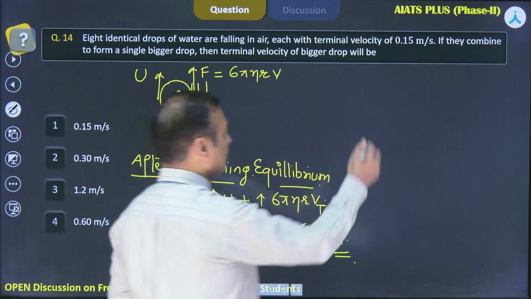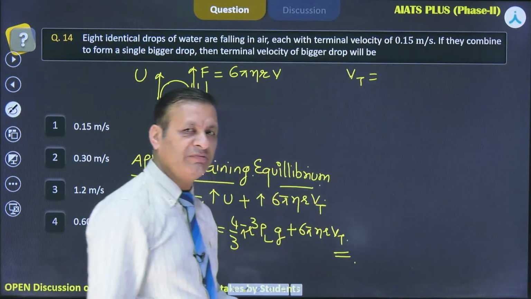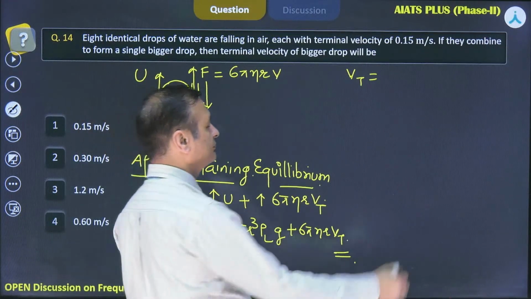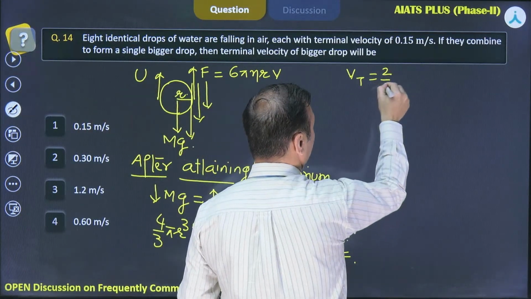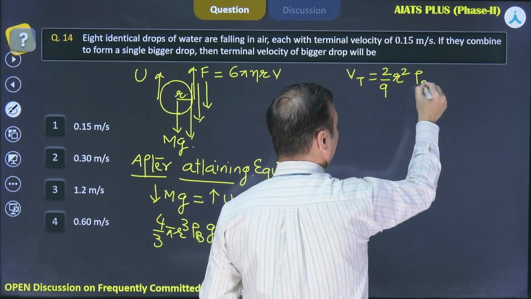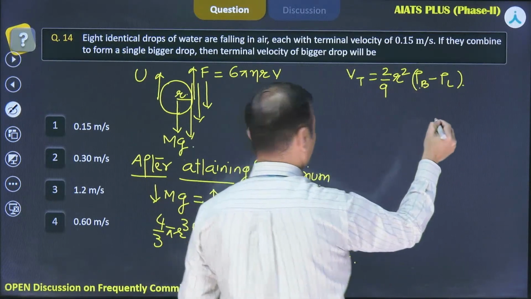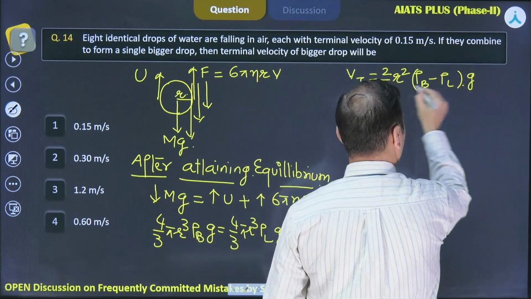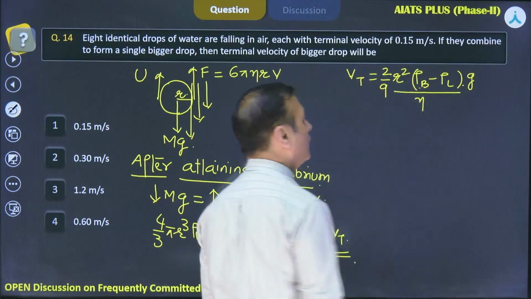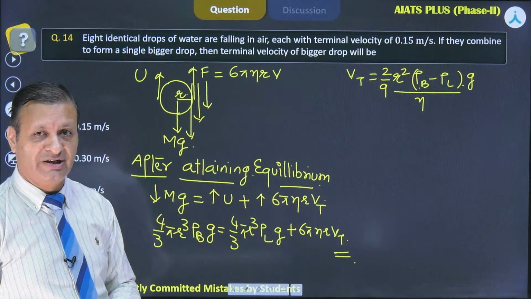Now when you rearrange it, what will this expression look like? So your terminal velocity becomes this standardized expression.